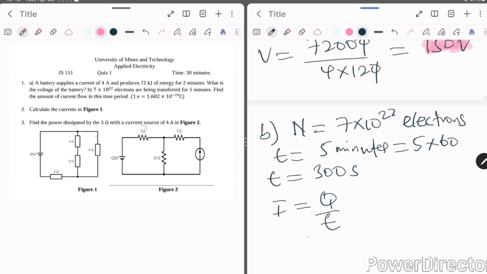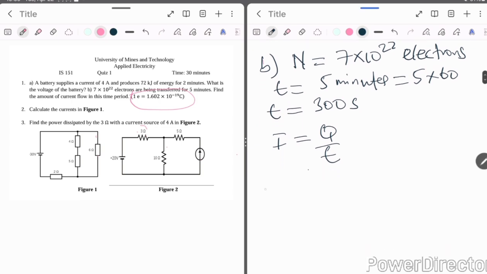And if you look well, you can see that in question B you are being provided with the magnitude of charge of 1 electron. So 1 electron is going to have 1.602 times 10 to the power minus 19 coulomb of charge. Okay.